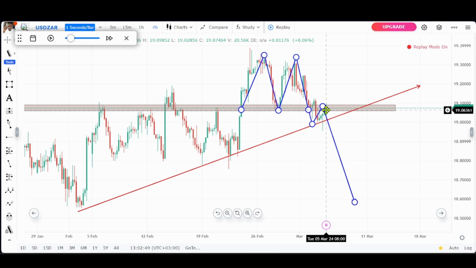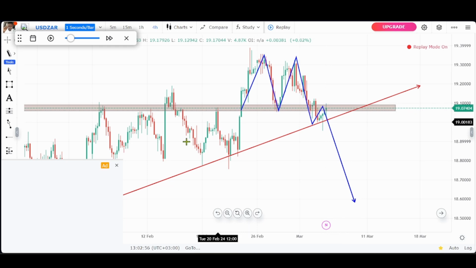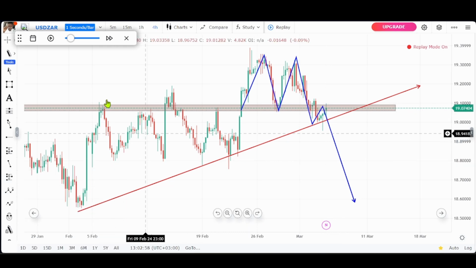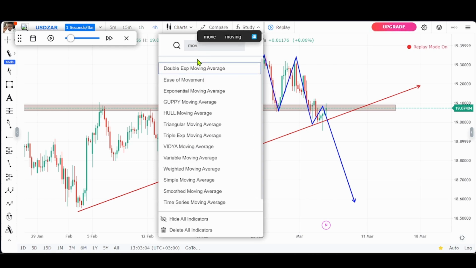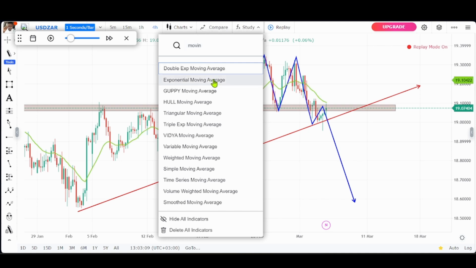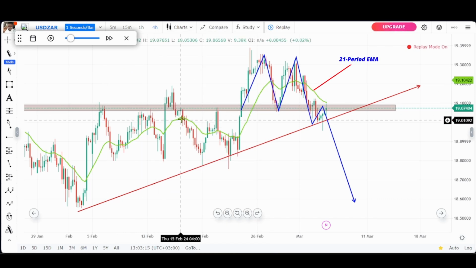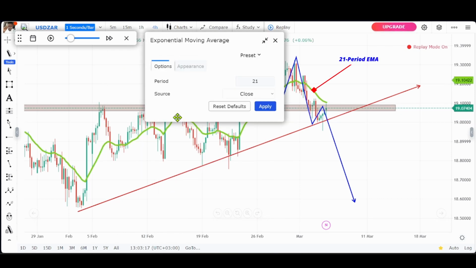Now, we can confirm this by using the 21 period EMA to confirm that this will be our entry point. Moving average. Yeah, this is 21.